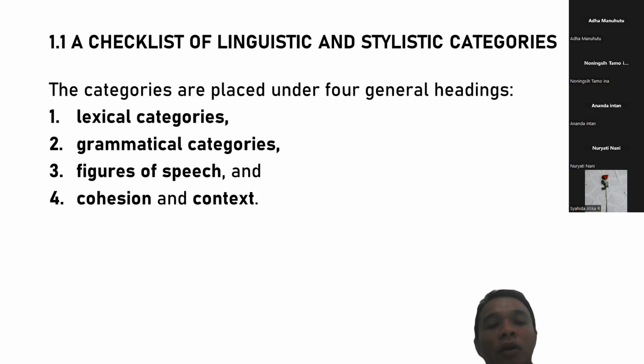And the fourth one is cohesion and context. Cohesion is related to cohesive devices, for example, maybe the use of ellipsis. And then the context of the utterance.